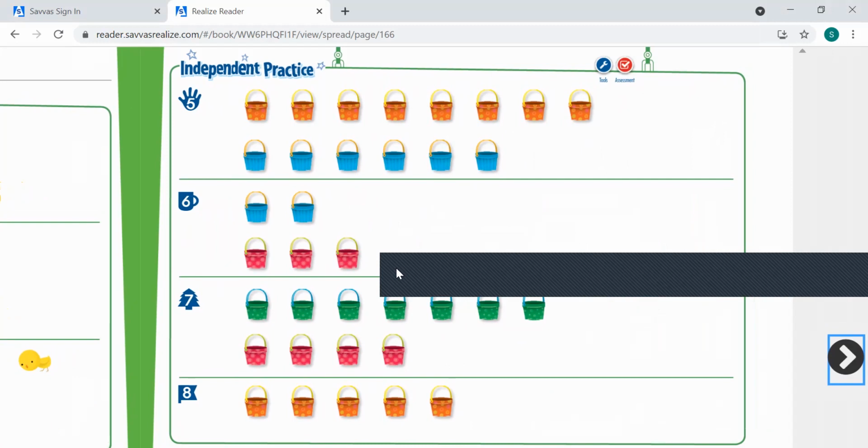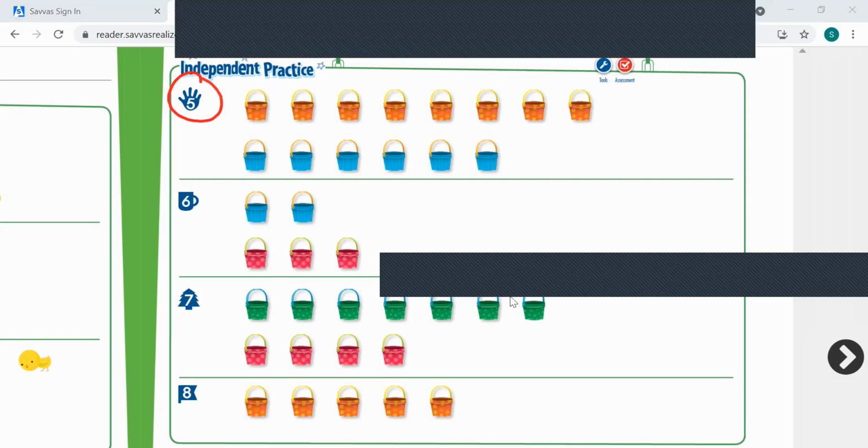You have buckets on the top and buckets on the bottom. So you're going to compare 1 to 1, and then you're going to draw a circle around the group that is greater in number than the other group. You're going to do that for number 5 right here.